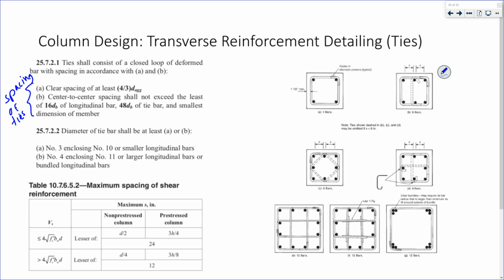And then this second part is about the size. If you have number 10s or smaller, you can use number 3s. If you have number 11s or larger, you have to use number 4s.